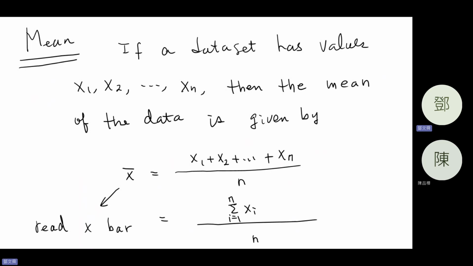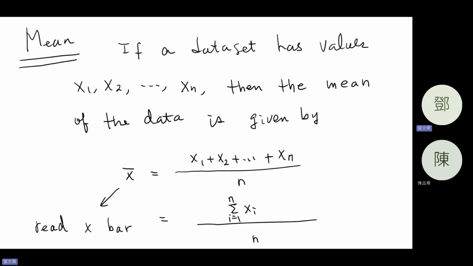How to obtain the mean of a data set? If a data set has values x1, x2, all the way up to xn, then the mean value of the data is given by the sum of the n values divided by n.